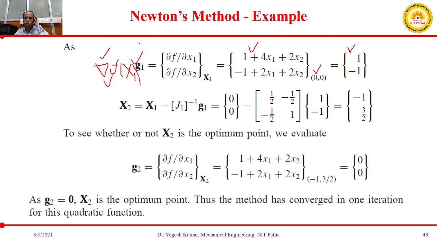All right, here you can see your next value of the optimum point, x2 equal to x1 minus J inverse into the gradient of the function, which we have denoted as g1.